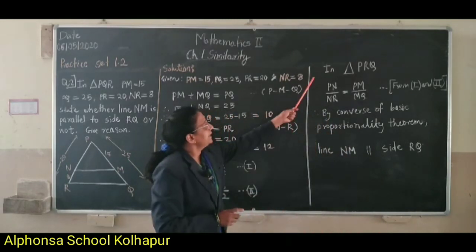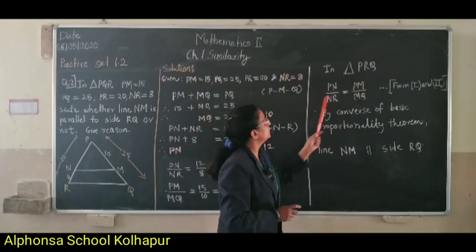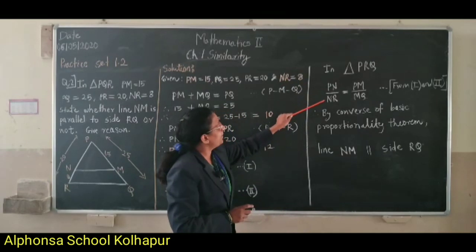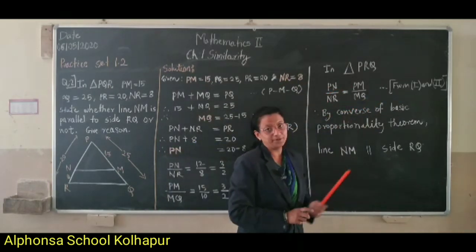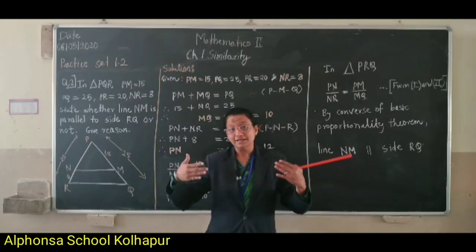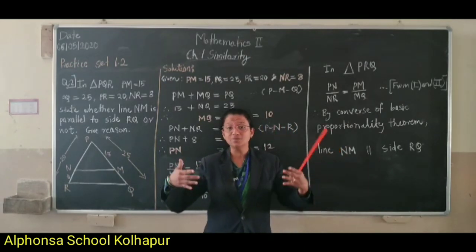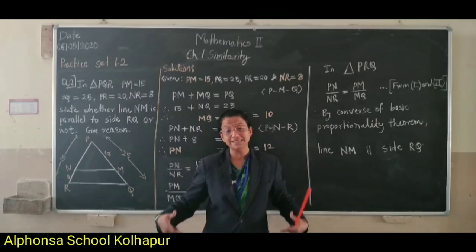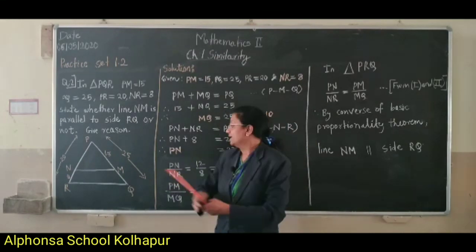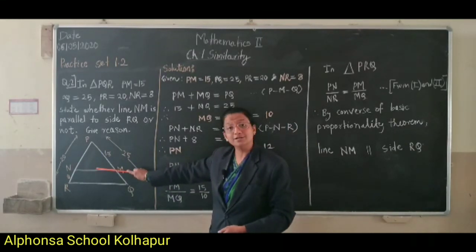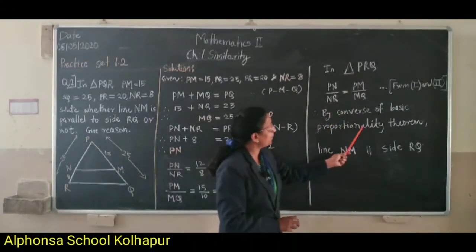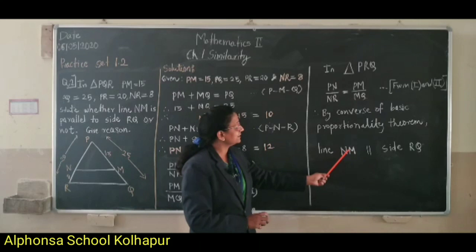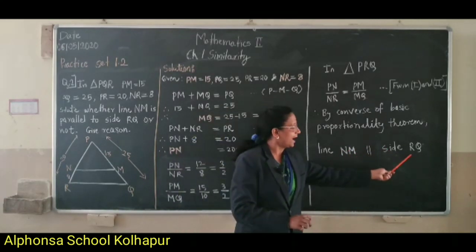So we write, in triangle PRQ, PN upon NR is equal to PM upon MQ from 1 and 2. As both the ratios of segments of the sides are equal, the lines will be parallel to each other. So by the converse of the basic proportionality theorem, line NM is parallel to side RQ.